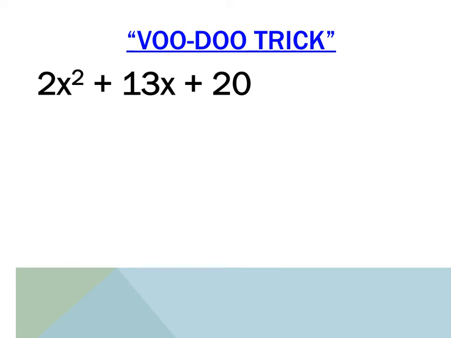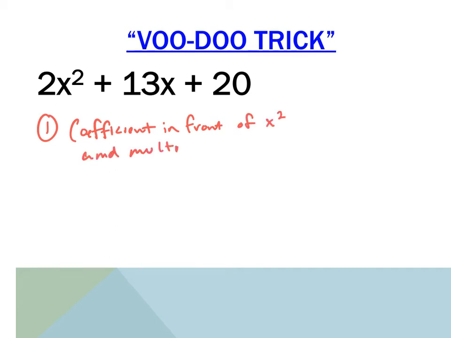And what the voodoo method starts off with, the very first step, is you take the coefficient in front of x squared and we multiply it to the constant term.